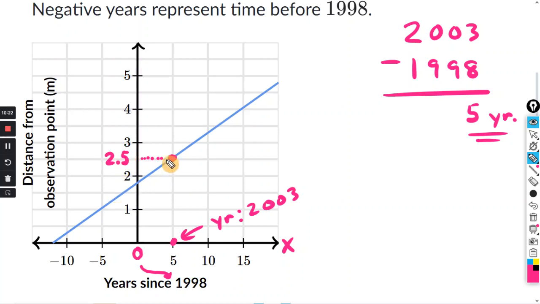I'm not sure what feature of the graph this is, but that's basically the point that tells you the distance from the observation point in 2003. Let's see how they describe this in the multiple choices. I'm going to erase this now.